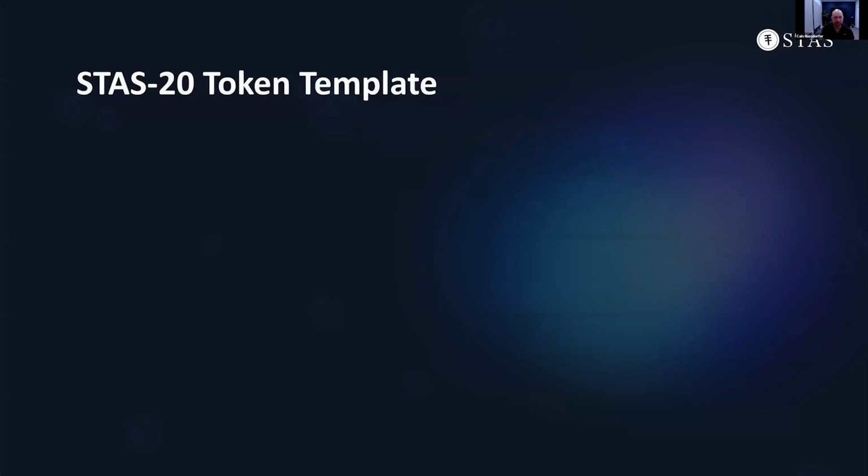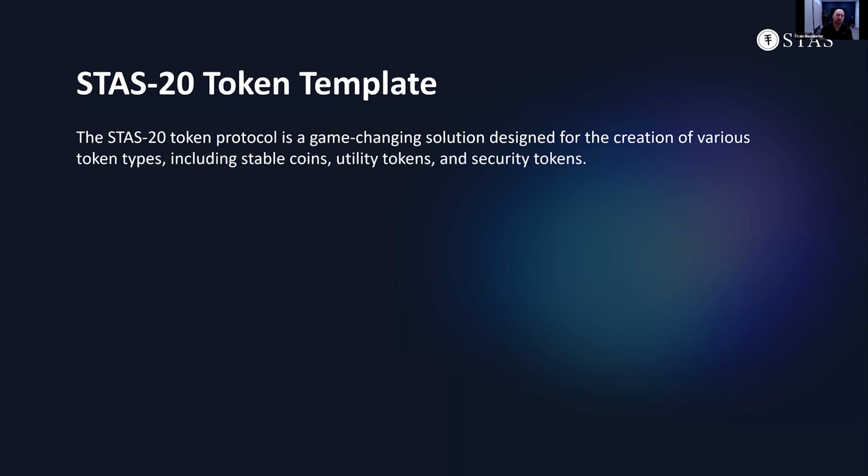Okay, so the STARS-20 token. This one was released at the start of the year. I actually had access to it around late last year and started working on some implementations of utilizing it. When we first had it, there were no SDKs that supported it.